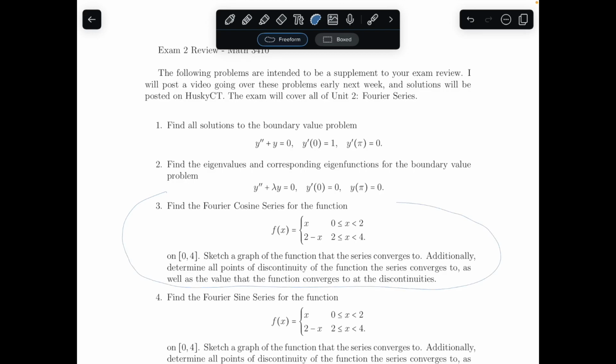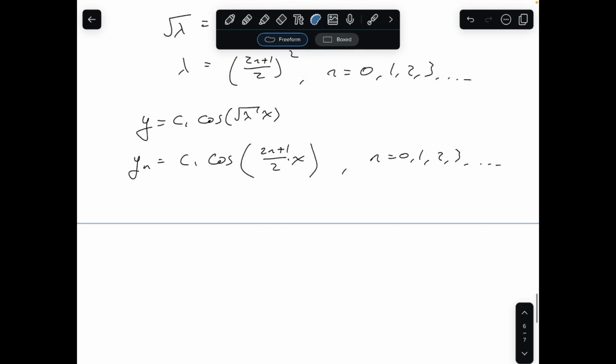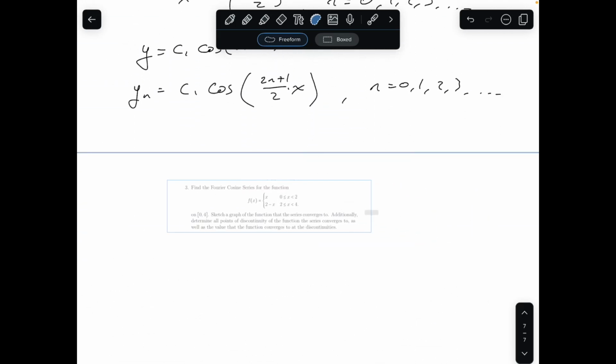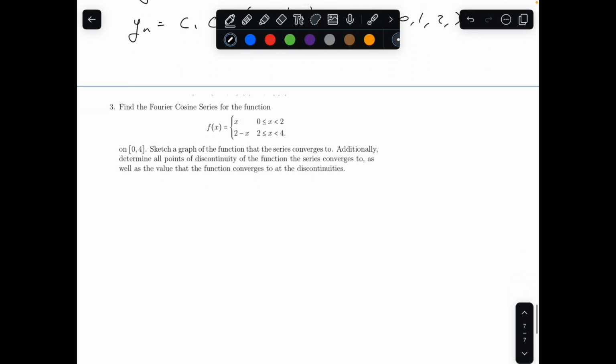All right, let's get to Fourier series. So finding the Fourier cosine series for the function on the interval 0 to 4. This is going to be the part where I start not really doing all the details.